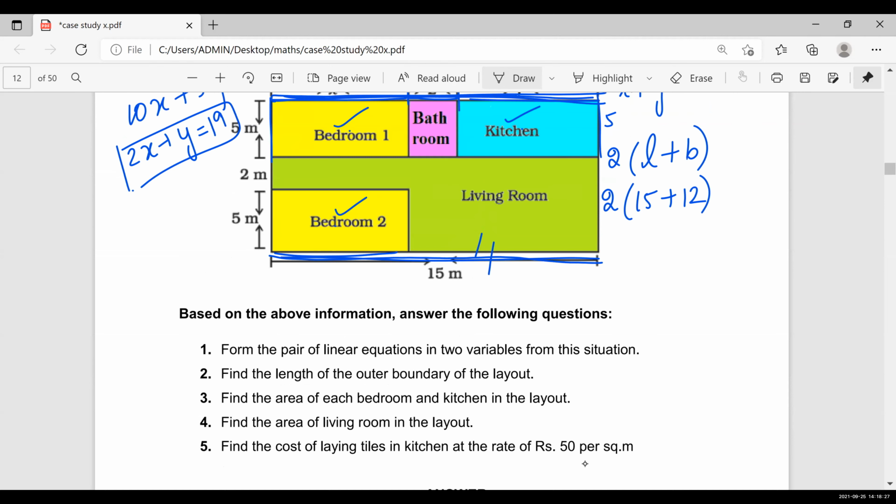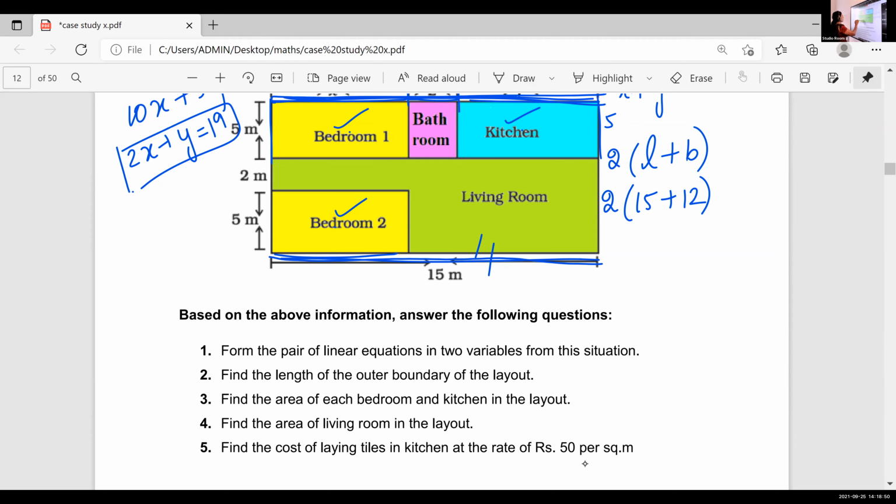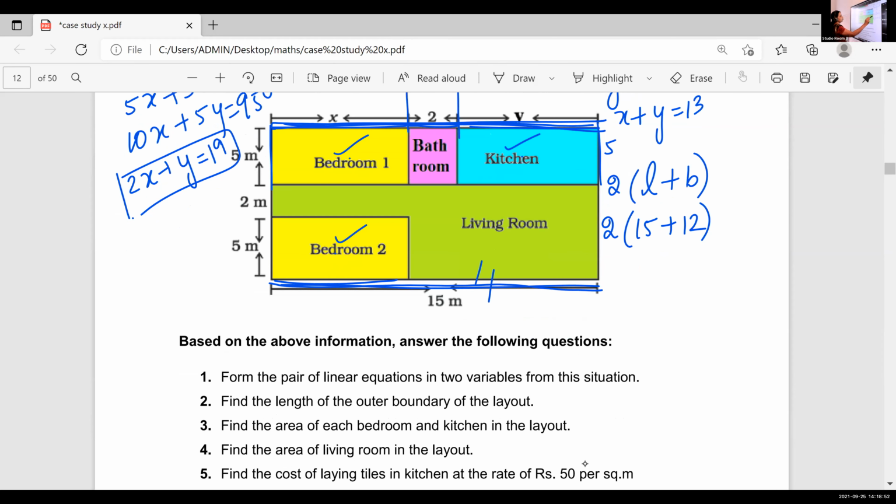Okay, total area minus. Yes, area of this living room is total area minus the area of 2-bedroom kitchen. Including this bathroom also you should subtract it. Okay, or what you can do, you can take this rectangle, the second part of the rectangle.